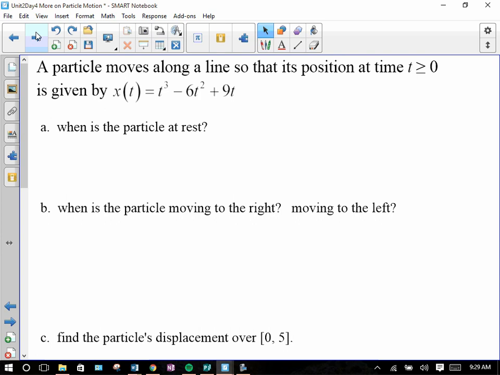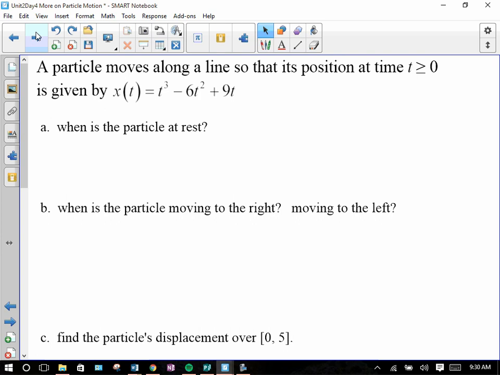It asks, when is the particle at rest? So what do we need to figure out in order to figure out when the particle is at rest? Set what equal to 0? The position function tells us it's at rest, which means that it's not moving. So if we're talking about not moving, we need to know which one?